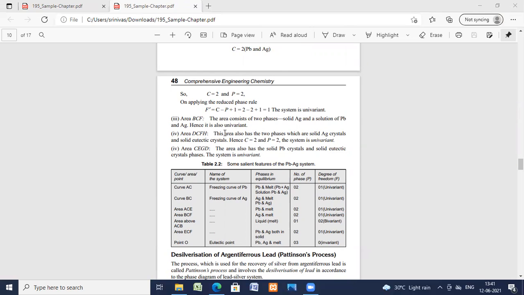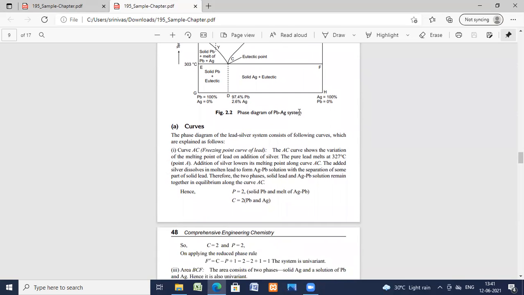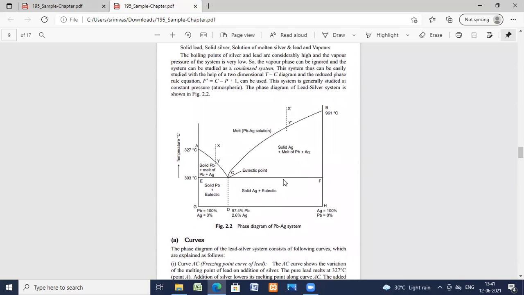Now we'll have a look at the area DCFH. This complete area we'll see.